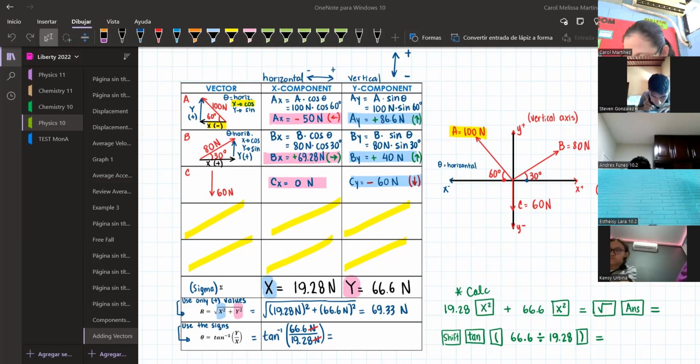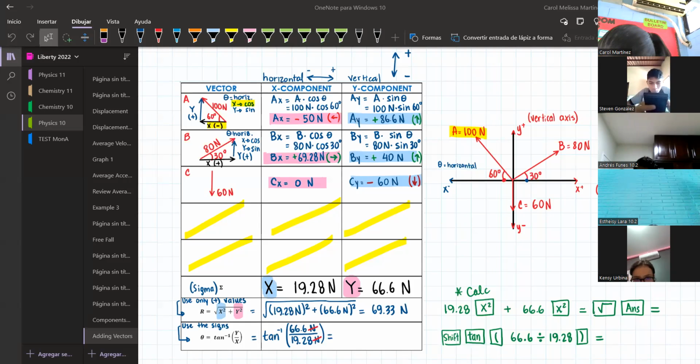How much is this? 73.85. Very good. 73.85 degrees.